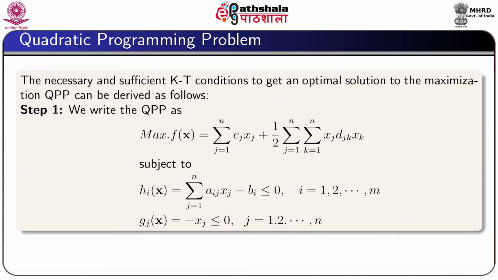The necessary and sufficient conditions, KT conditions, to get an optimal solution to the maximization QPP can be derived as given below.